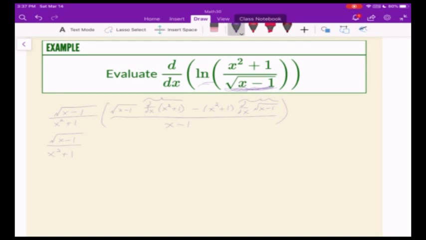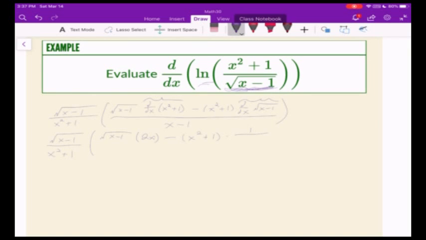Okay, so let's take care of these derivatives. So keeping the function outside the parentheses the same, x squared plus 1. Now we're just dealing with the derivatives.